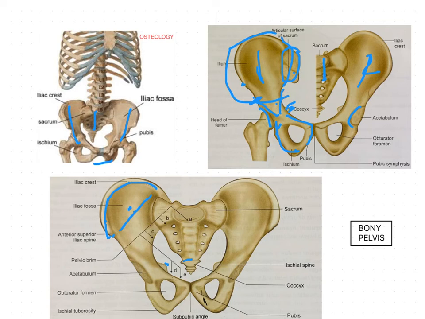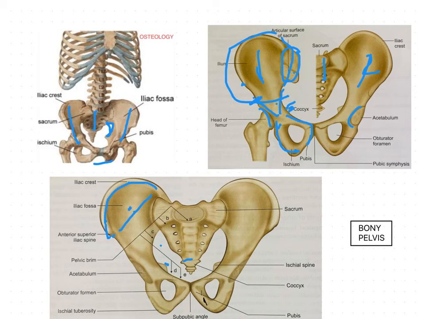One is the greater sciatic notch, that means above this ischial spine it forms a notch here. You can clearly see here this one is the greater sciatic notch. Below this spine you have the lesser sciatic notch. So this is called the ischial spine.